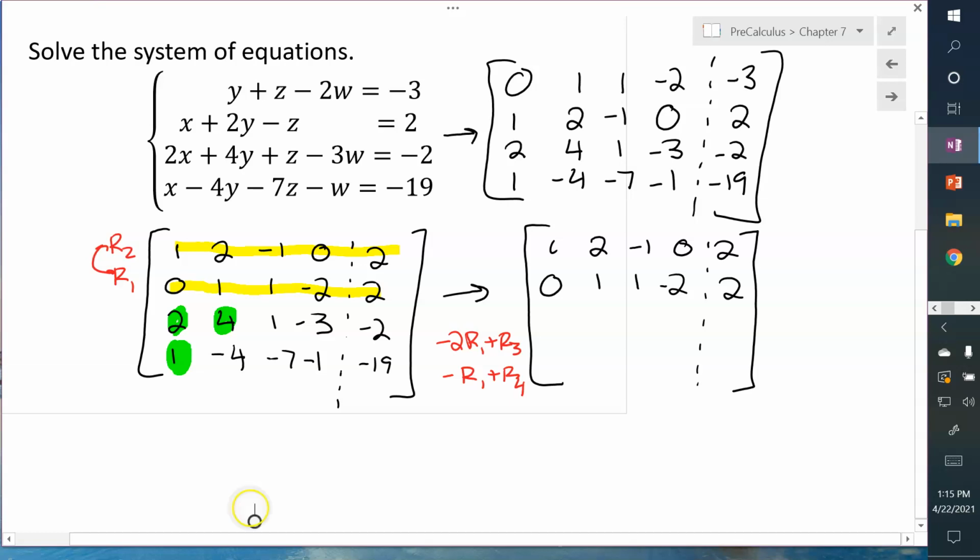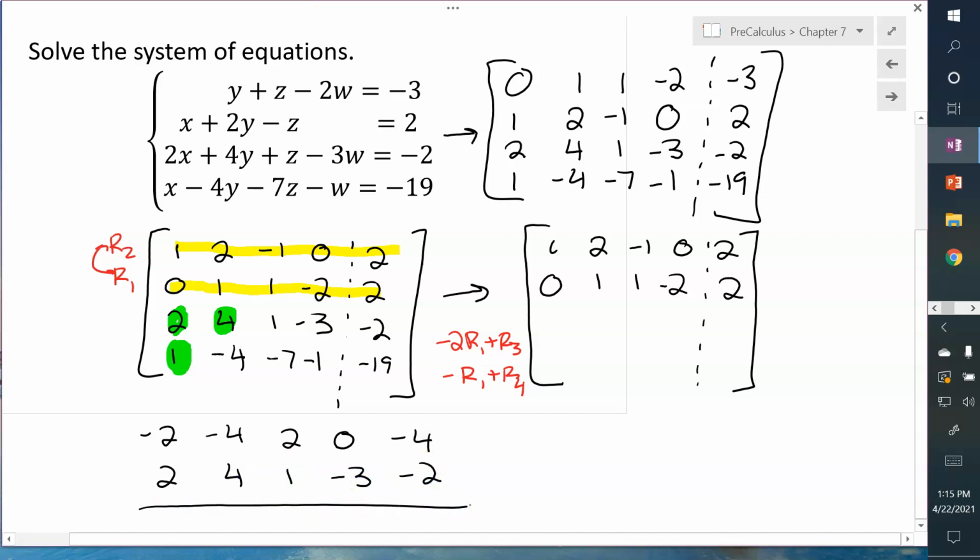So -2 row 1 is -2, -4, 2, 0, -4. And then row 3 is 2, 4, 1, -3, -2. And when I add them together, look at what happens. I get a 0, 0, 3, -3, -6.